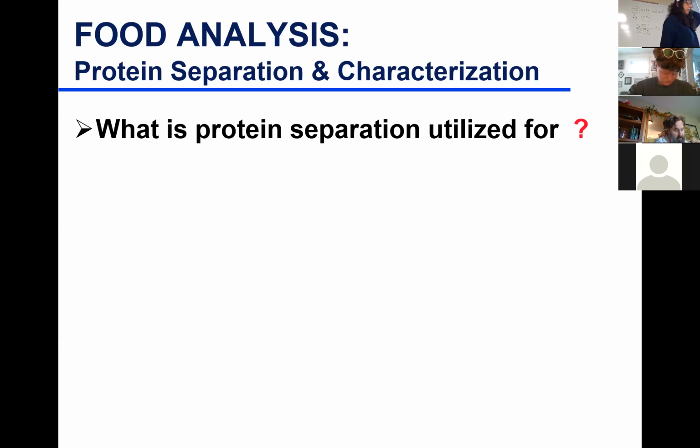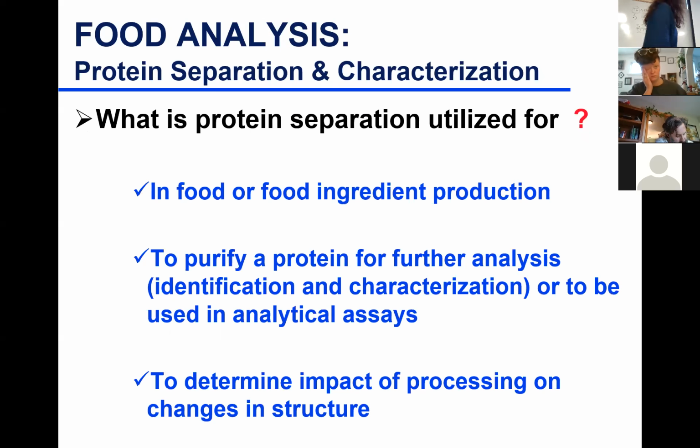So we separate enzymes from a starting material, let's say a microbial source or a plant source or an animal source. We isolate that protein to use it as a purified enzyme, or as a substrate in a reaction. So here we go, production of protein ingredients.